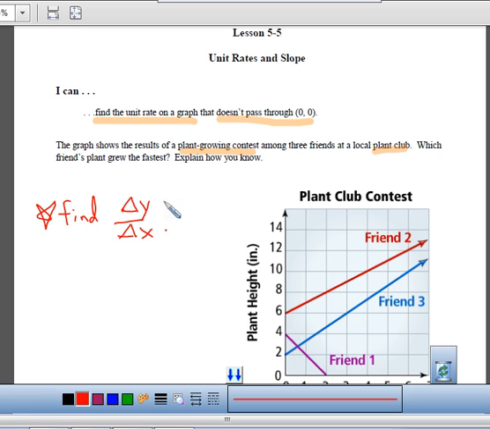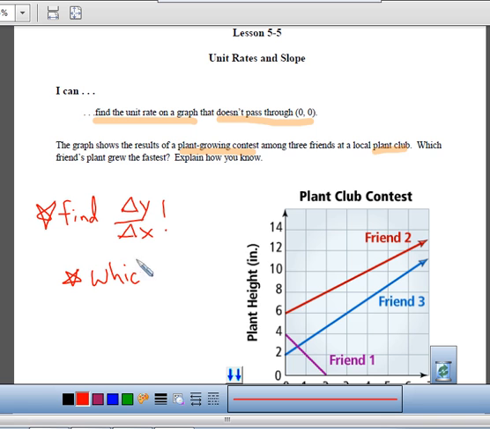Now, it's a little different when it doesn't start at 0, especially if you're trying to use a graph or a table. But something to keep in mind, so I'll do another star here.